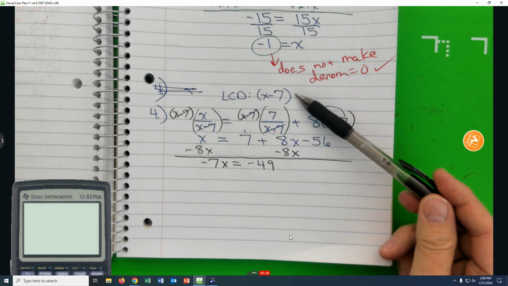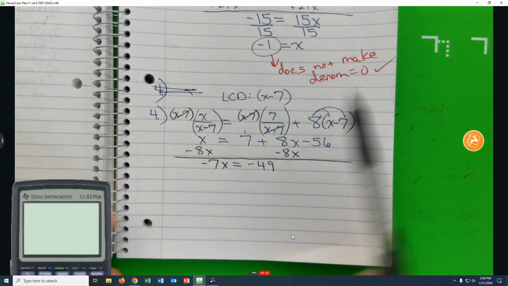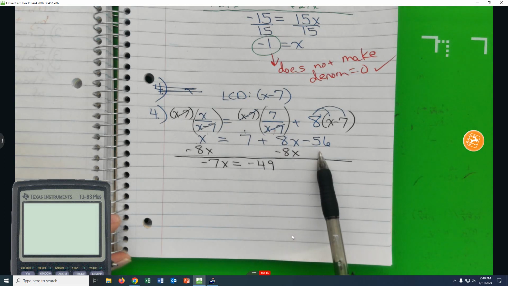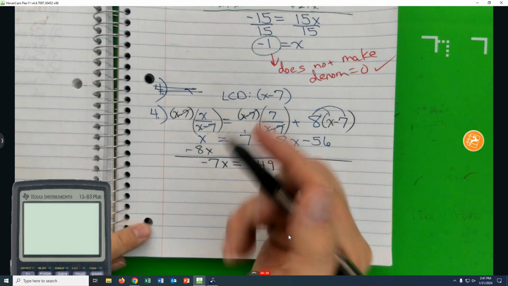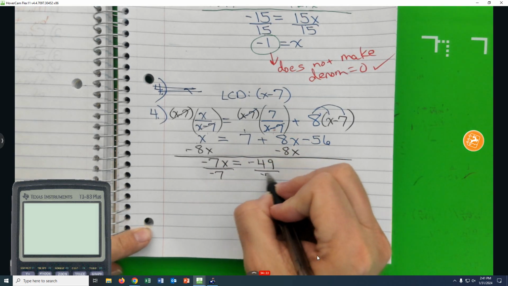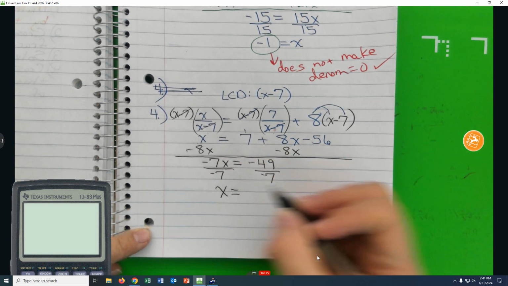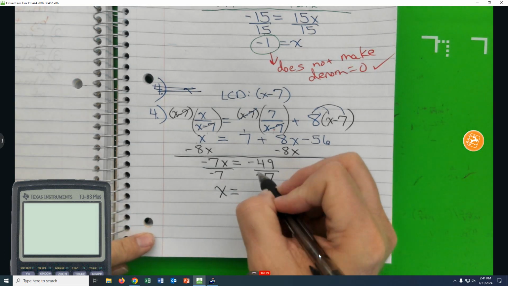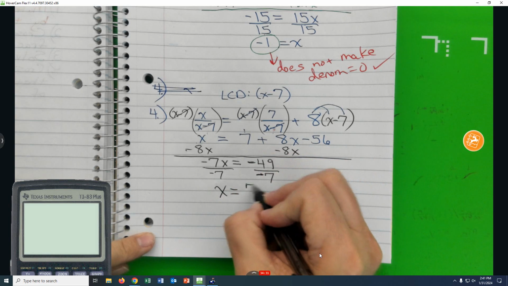So we've multiplied by the least common denominator. We verified every fraction canceled out. And now we're about to get our solution. Divide by negative 7 to give me x equals, what's negative 49 divided by negative 7? A positive 7.